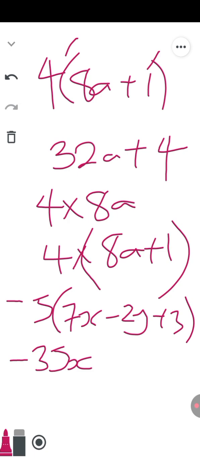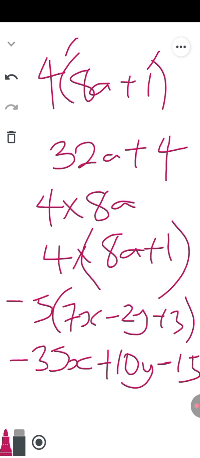Minus 5 times minus 2y is plus 10y. Minus times minus. Then minus 5 times plus 3 would be minus 15. I'm sure you'll get that. Very good.